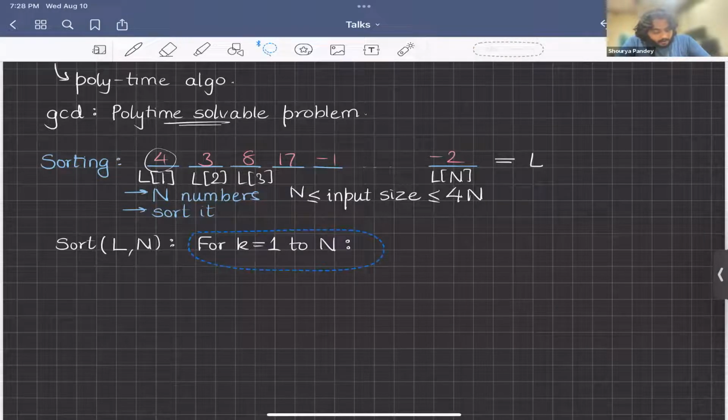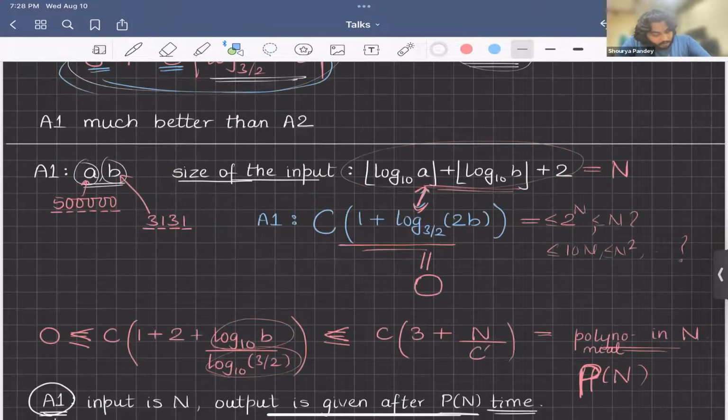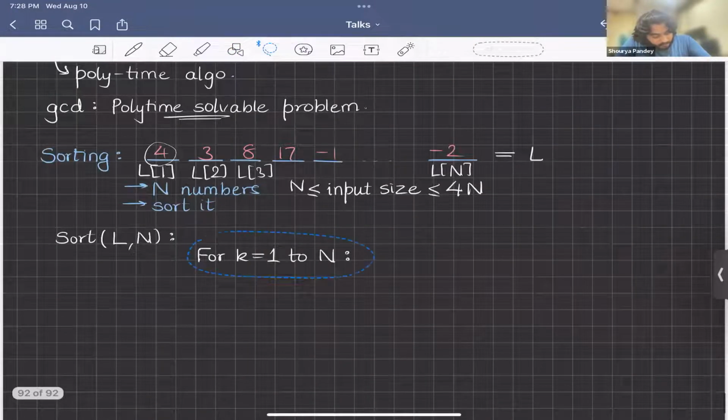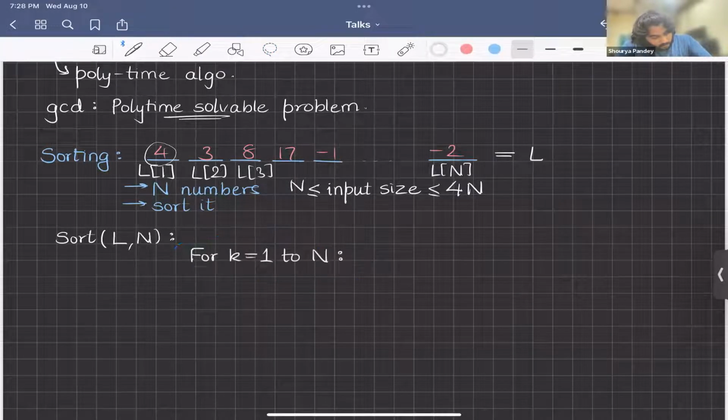I want to find the largest element, right? So let's keep track of the largest element. large is equal to, for now, let's say it's L of 1, because that's all I have seen so far.